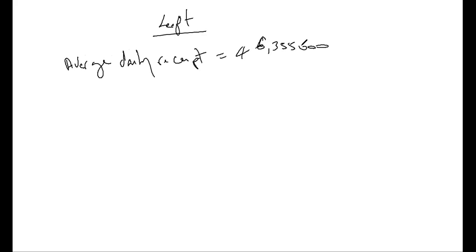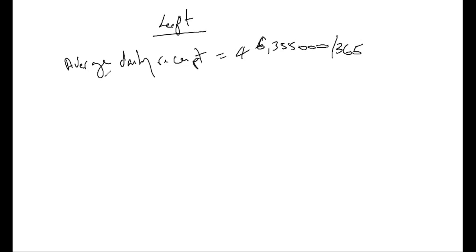So the average daily receipt would equal the annual amount, 46,355,000, divided by the number of days in the year, right?